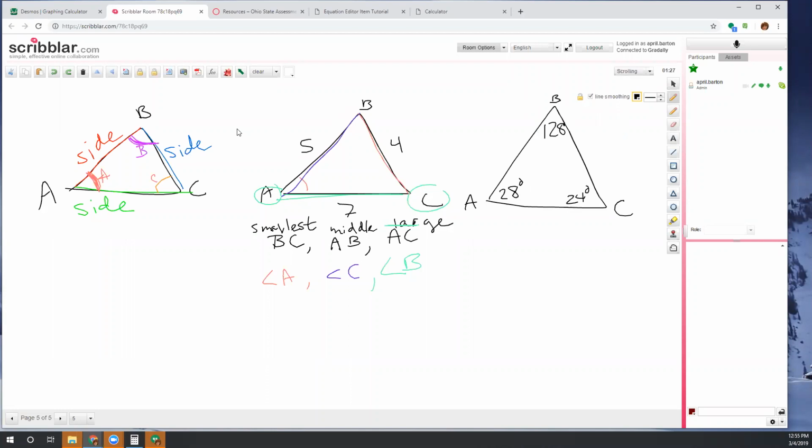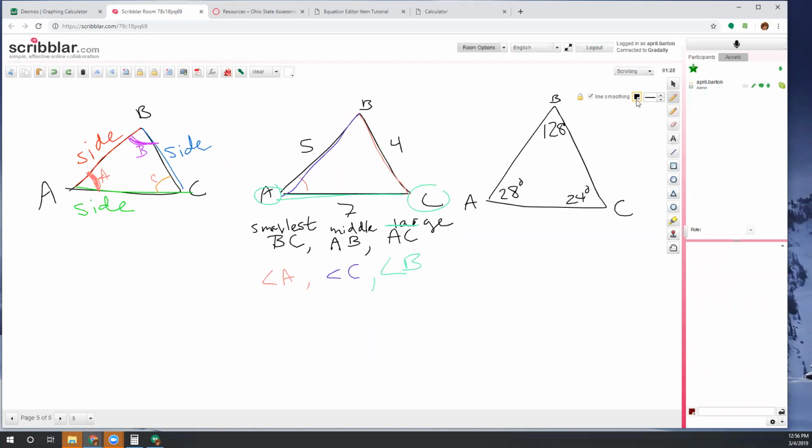So this time we give the angle measures instead of having any information about the sides. Okay. So which one's the smallest angle? Because they just tell you a number and it's the smallest number of the angles.